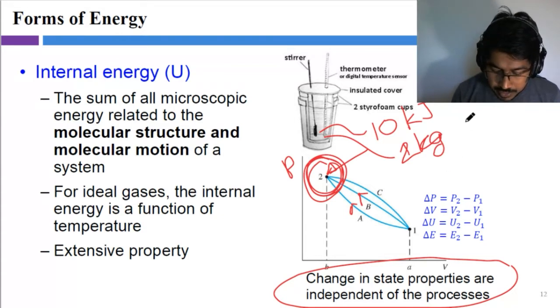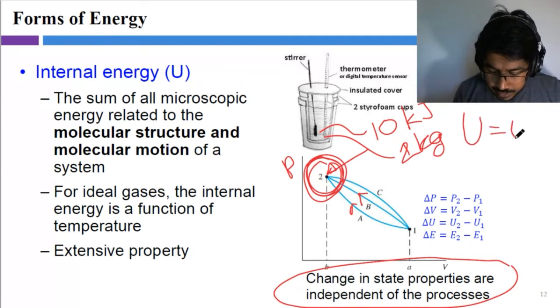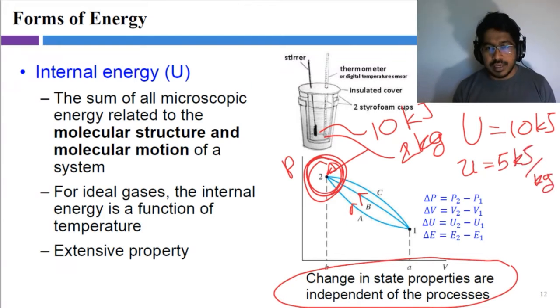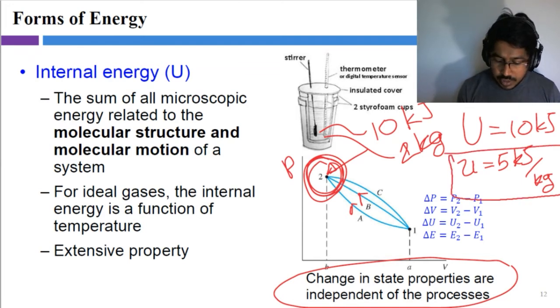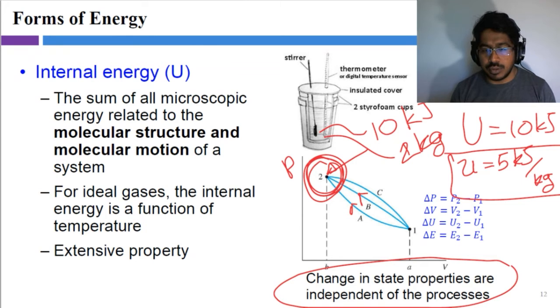The total internal energy is 10 kilojoules, and specific internal energy is going to be 5 kilojoules per kilogram, right? This second parameter does not change even if we pour half of the cup into another cup. Even if we had 2 containers, 1 kilogram of the coffee would have 5 kilojoules of internal energy, right? So therefore it is an intensive property.